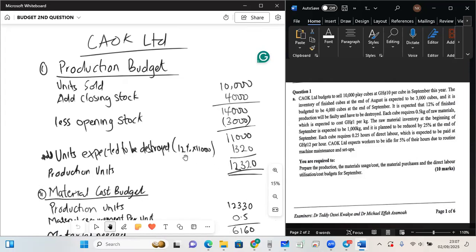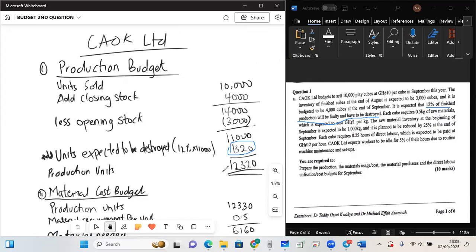Now they said that it is expected that 12% of the finished production will be faulty and will have to be destroyed, right? So we bring in the 12% that will be destroyed and then we add it to the production, because it will be destroyed.